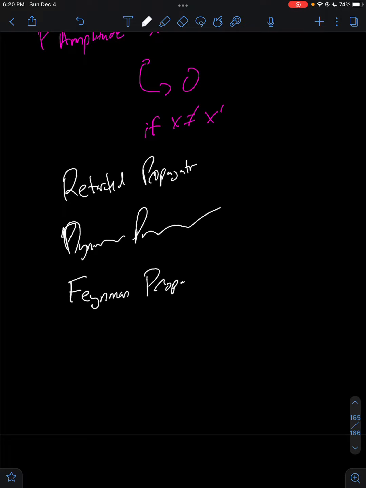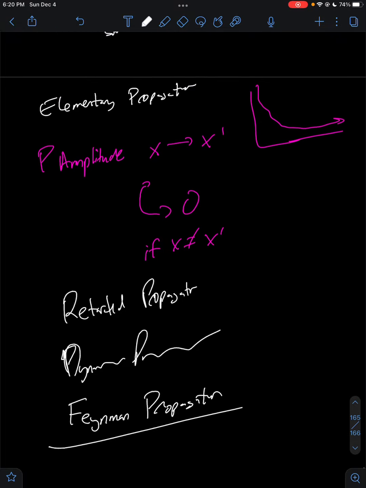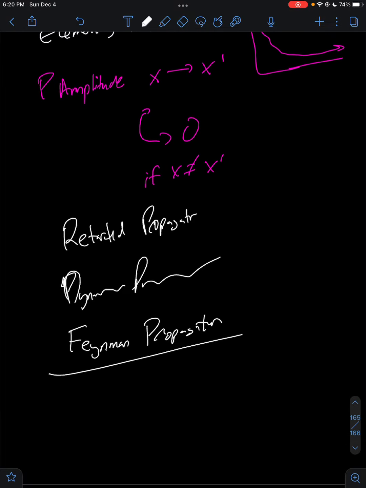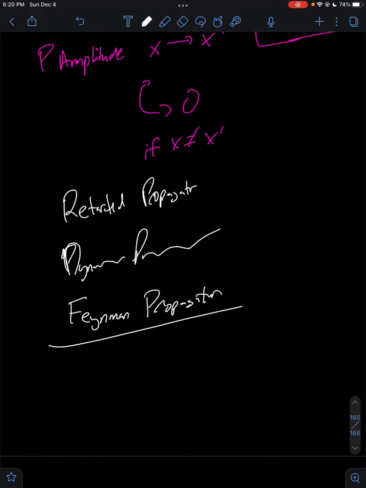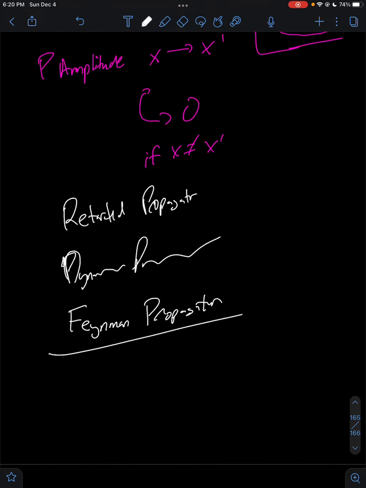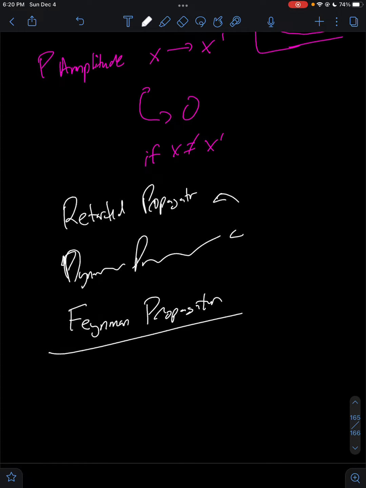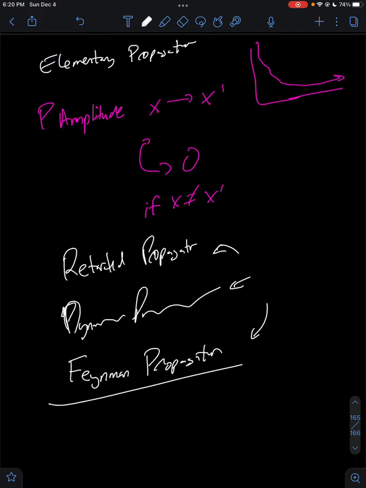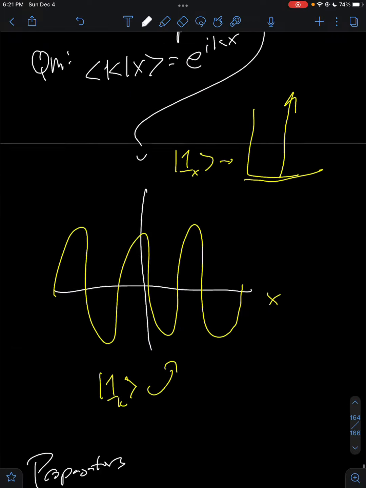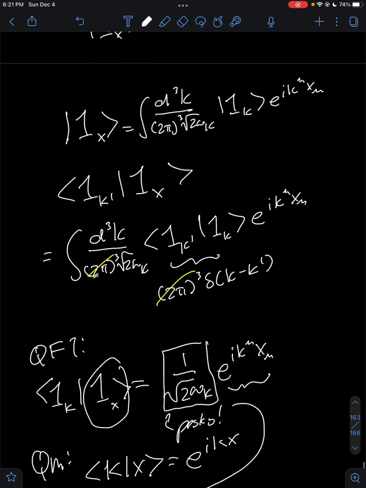The Feynman propagator is used a lot. It's used in scattering. Virtual particles, if you've heard of those, are actually just propagators. So we'll be dealing with these three propagators shortly in the next couple of QFT videos. And after that, we will switch on to spinors.